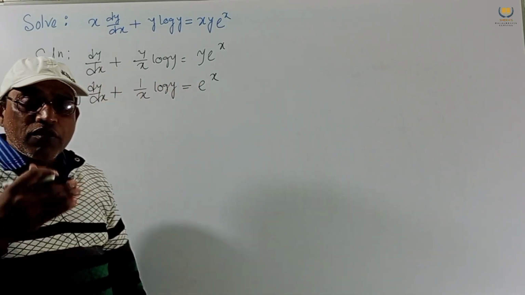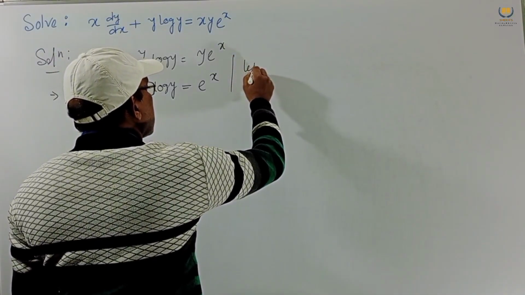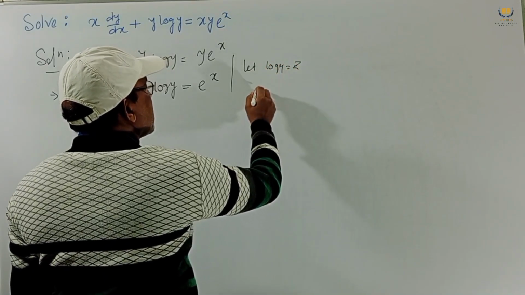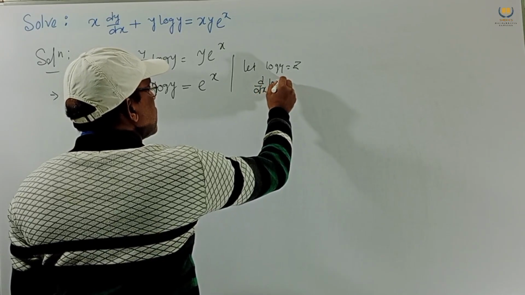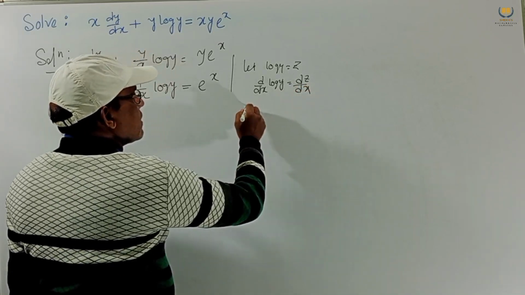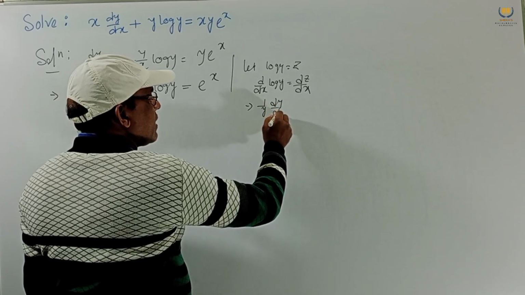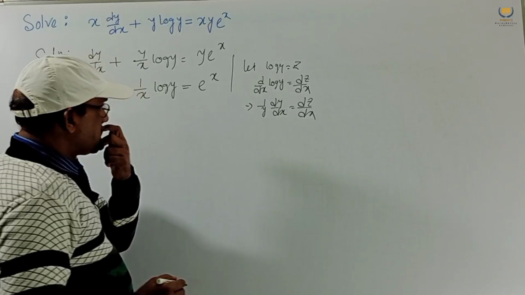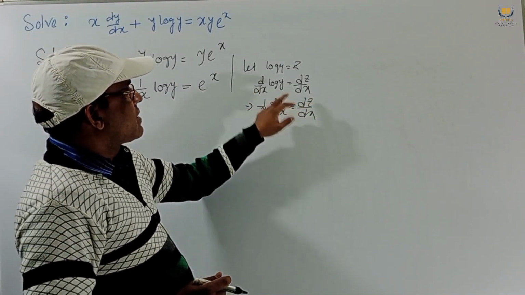But our target is to convert to linear form. So let log y equal z. We differentiate both sides with respect to x. We get 1 by y dy/dx equals dz/dx, and log y means z.